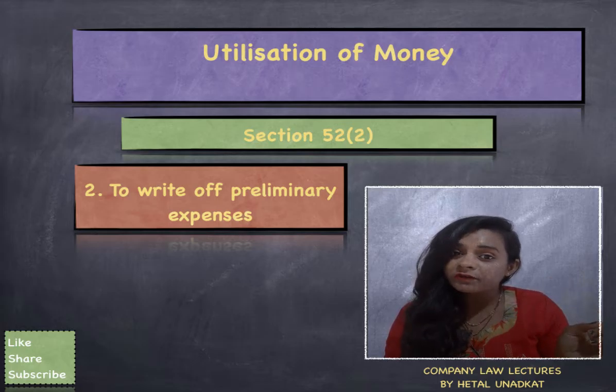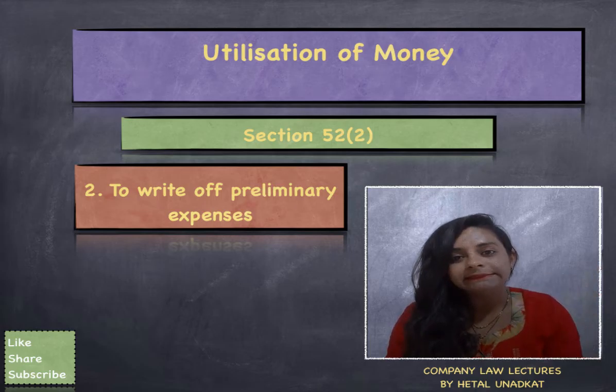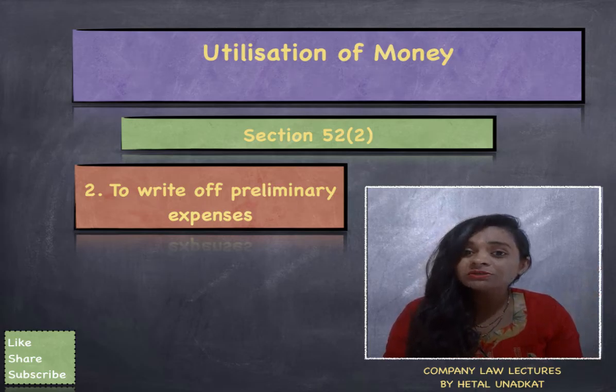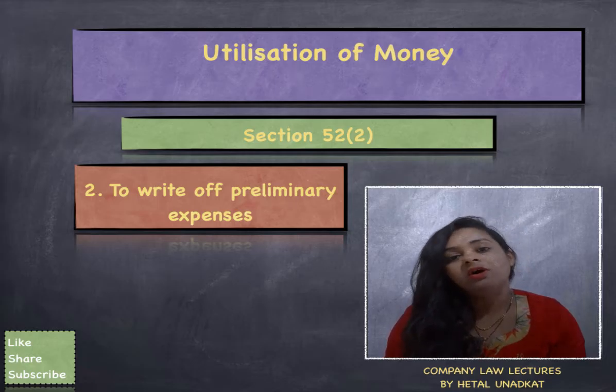To write off, to cover that expense, we use the security premium amount. So first is bonus shares, second is writing off the preliminary expenses of the company.